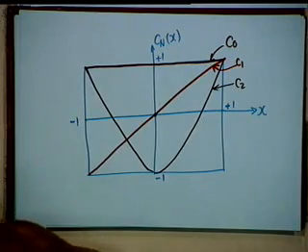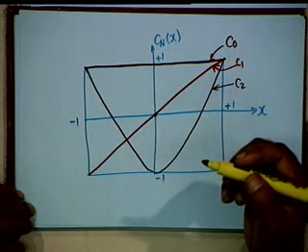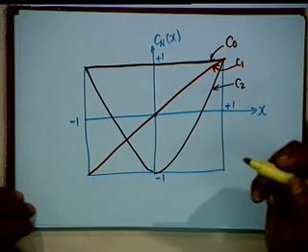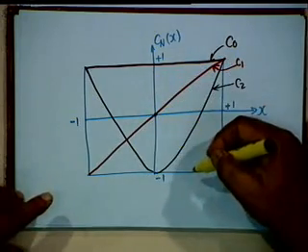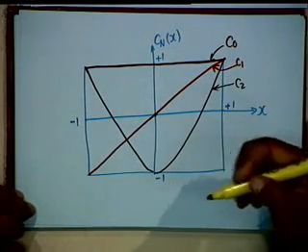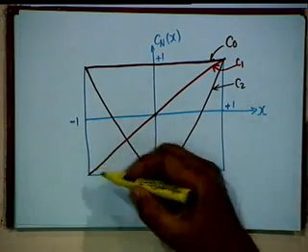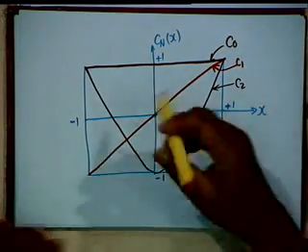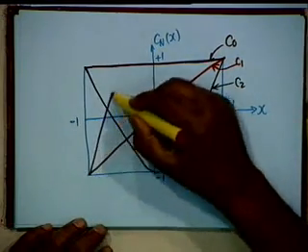C3, at x equal to 0 it is 0, but where does it start from? C3 of minus 1, yes? Where does it start from? Minus 1. So it starts from here. I should use another pen. Okay. It starts from here, then it must pass through this. So it goes like this.